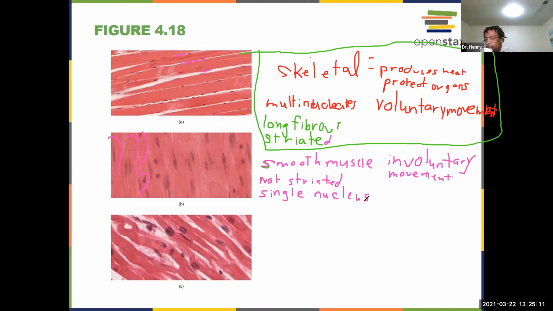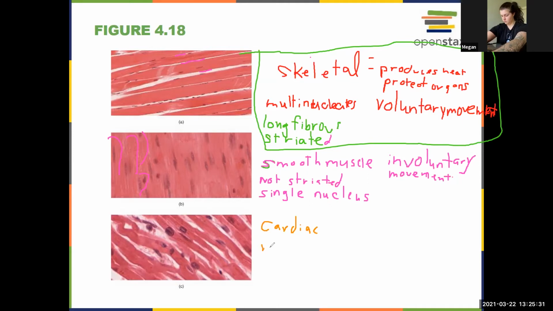Okay, and what about cardiac muscle, which is the last one? It surrounds the heart. Is it in the heart or does it surround the heart? It actually is a little bit of both. It is the heart and surrounds all of it.